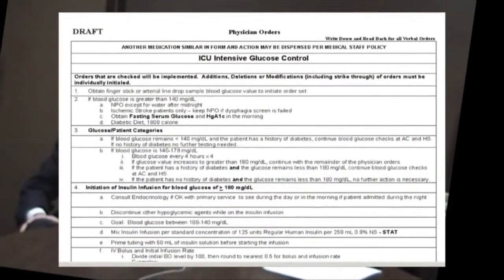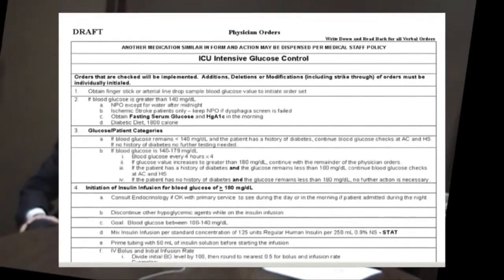If the patient has moderately elevated glucose levels that do not cross a threshold of about 180 milligrams per deciliter, then they will just be monitored, and the patient will be screened with hemoglobin A1C if they have known diabetes. If they don't have known diabetes, they will still have a fasting glucose and hemoglobin A1C assessment to see if they may potentially have glucose intolerance, impaired fasting glucose, or undiagnosed diabetes.